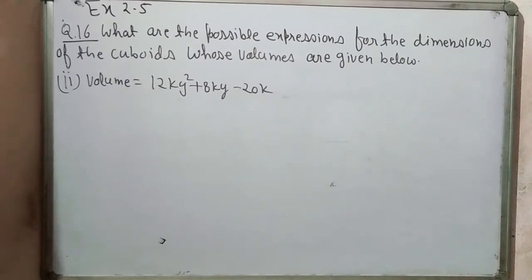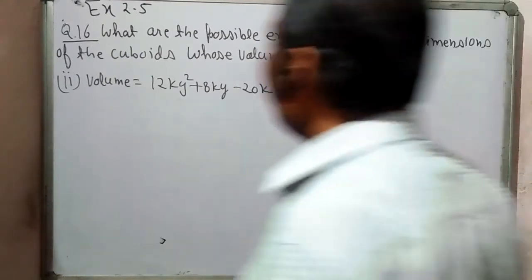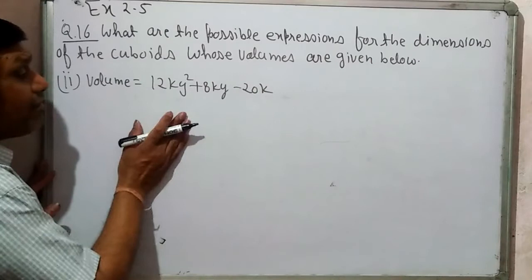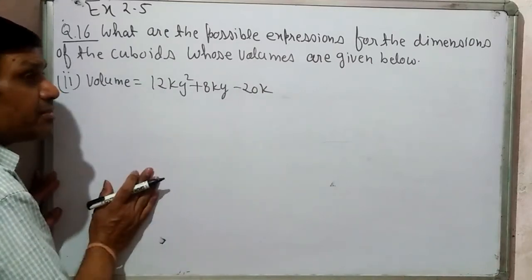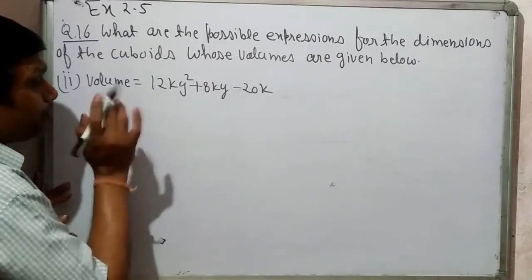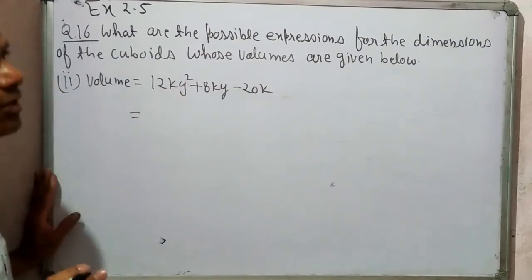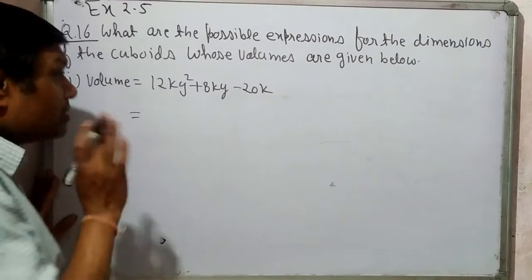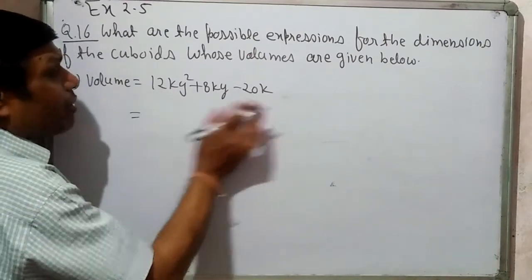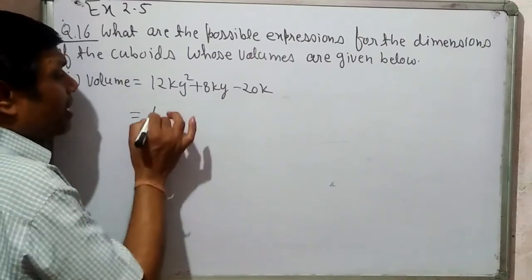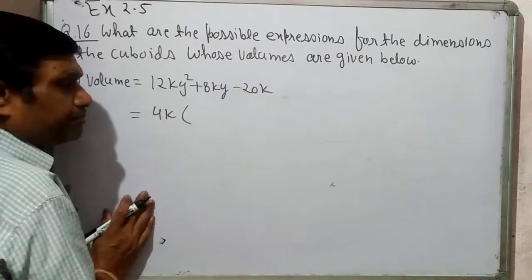In the next part, that is the second part of this question, the volume is given as 12k y square plus 8k y minus 20k. What we are saying is, first of all, k is common in all of these. Second thing, 4 is also common. We can take 4k common.